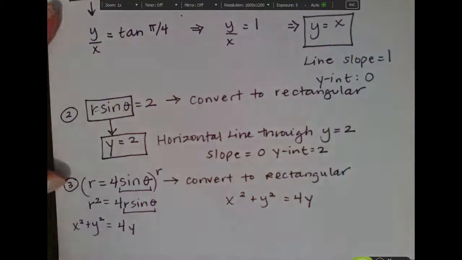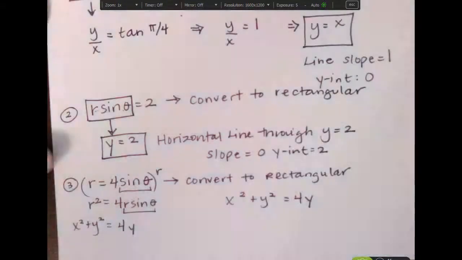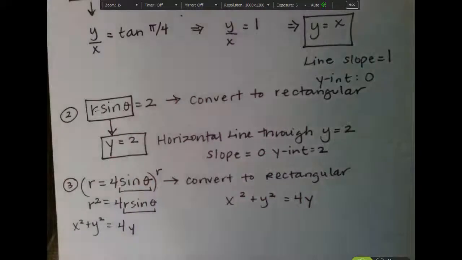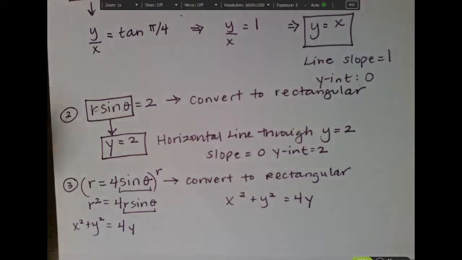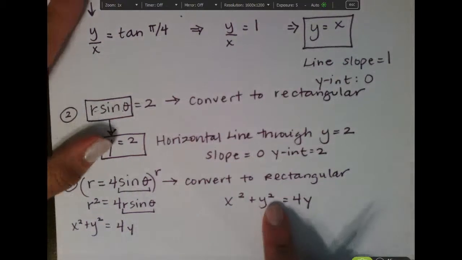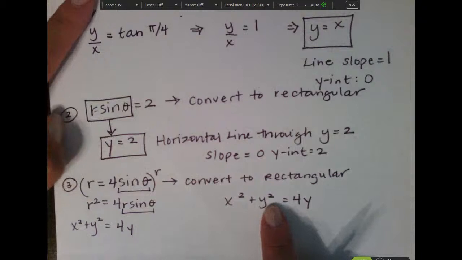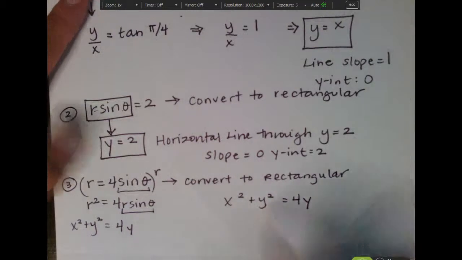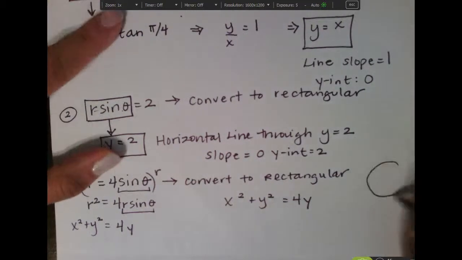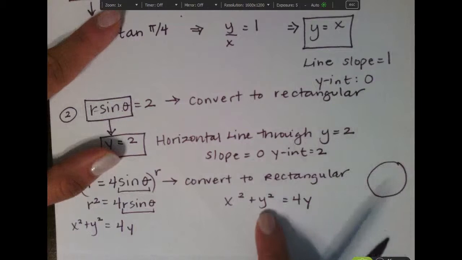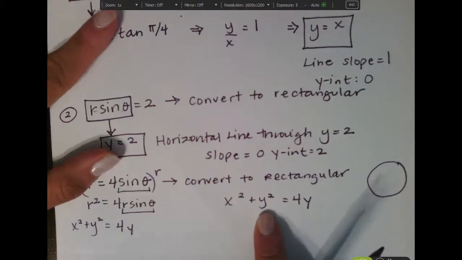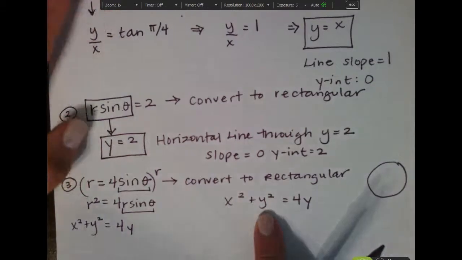And it's our job now to graph it on a rectangular grid. The problem is that it's not a function. We have a y squared, which makes it not a function. It's actually going to be a circle. And so we can't put it in y equals form the way that we would with a function or with a line.